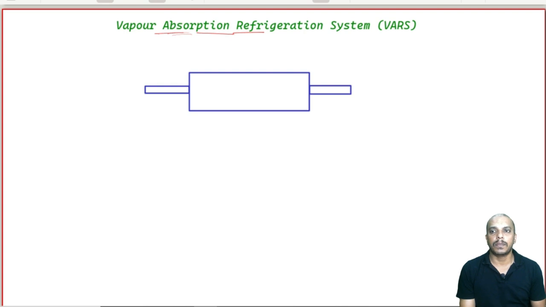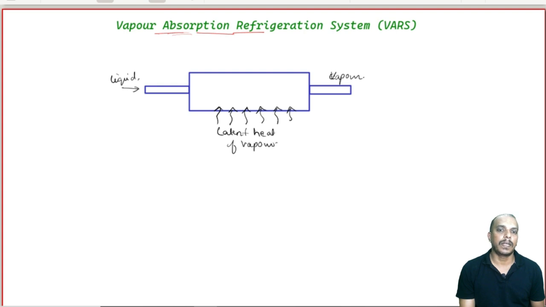Now, if you use any refrigerant, the idea of cooling is if there is liquid and it becomes vapor, it requires heat for conversion of liquid to vapor, which we call latent heat of vaporization. So, if you give me a liquid which can evaporate at room temperature and pressure, I can give you cooling.